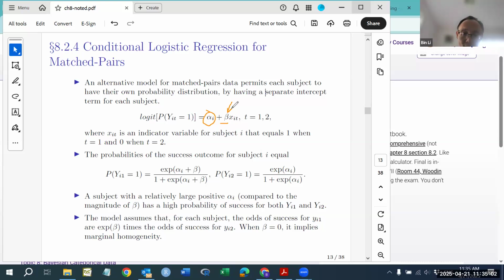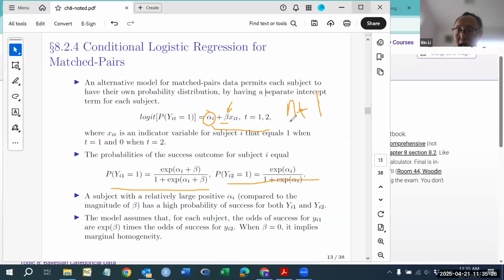Okay, so here we can have the probability of answering yes for question 1 is this one, for answering no is this one. But here, how many parameters do we need? We need n plus 1 parameters. Why n plus 1?